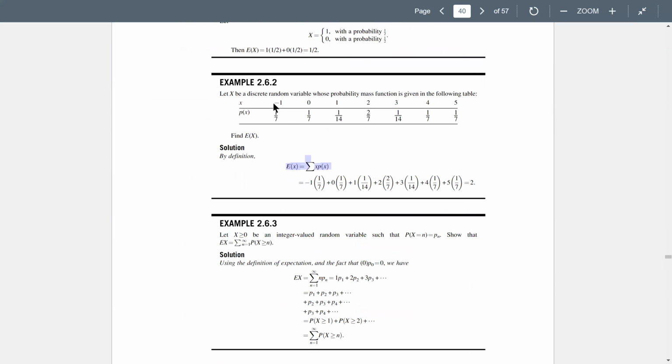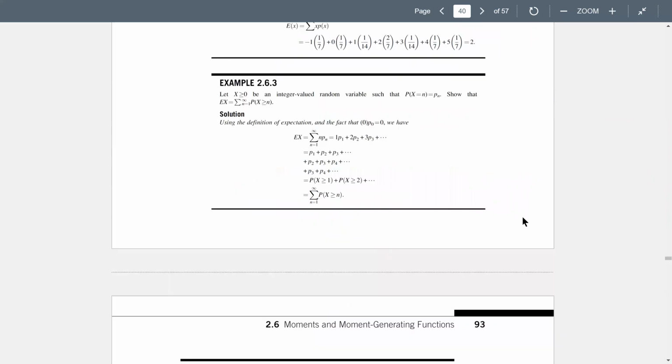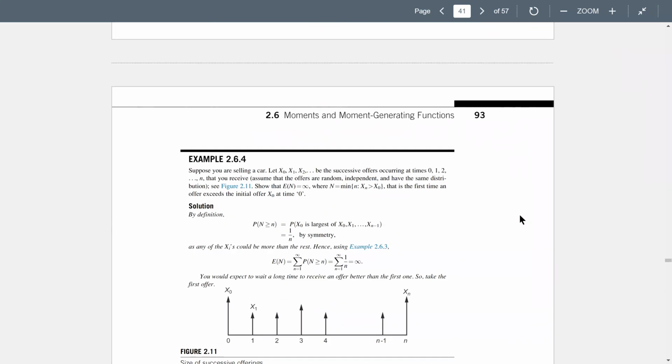Just take the sum of the products: -1 times 1/7 plus 0 times 1/7 plus 1 times 1/14 and so forth. The sum of the products of the random variable with its related probability will give you the mean, the average. So this is obvious.